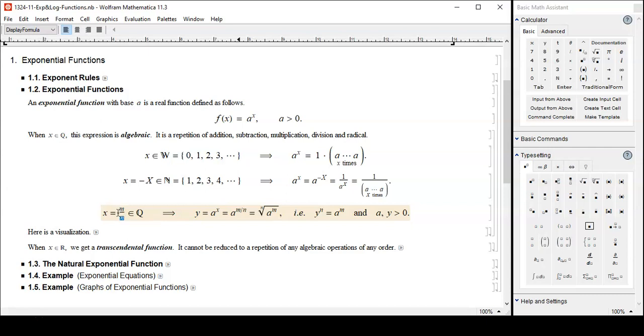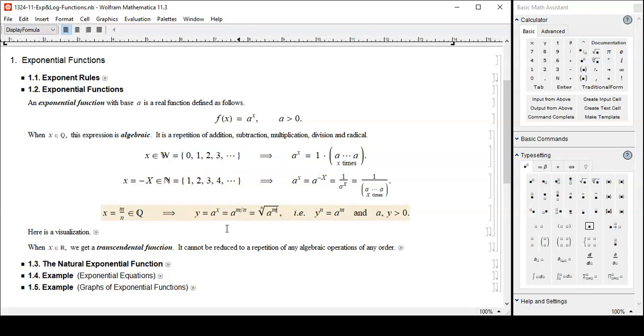When m is positive, a to the m power is repeated multiplication, so no problem. When m is negative, then we have repeated division. Again, no problem. So a to the m power is well defined.